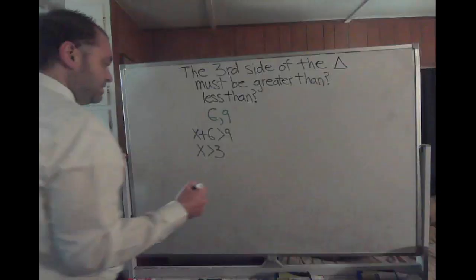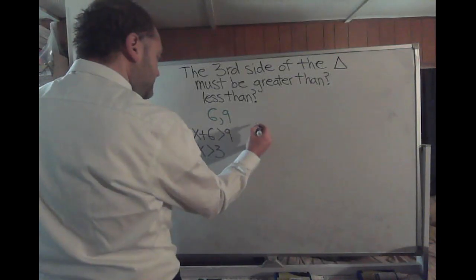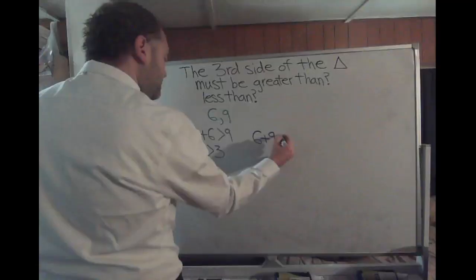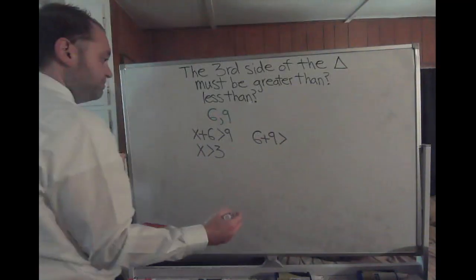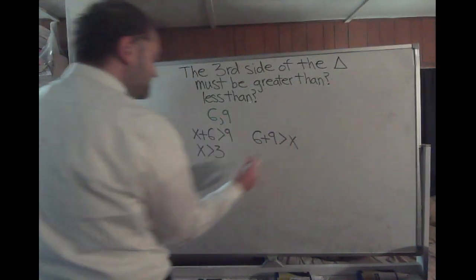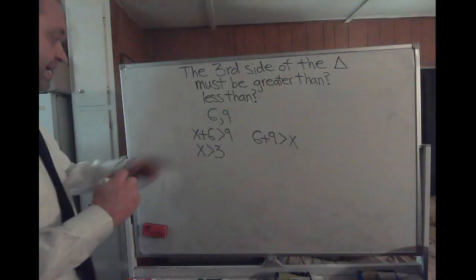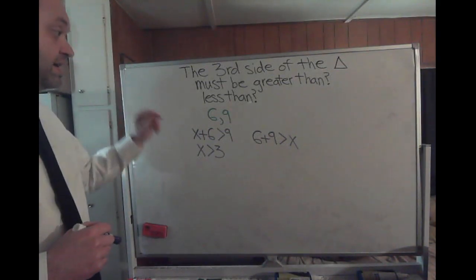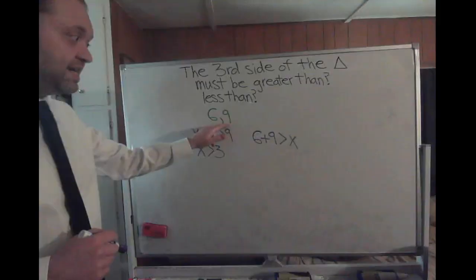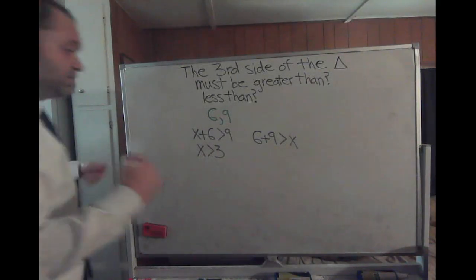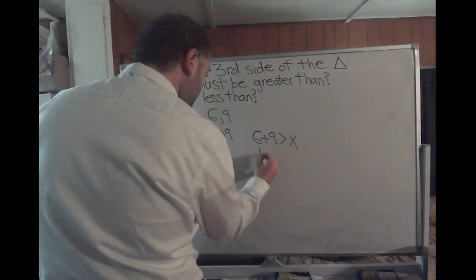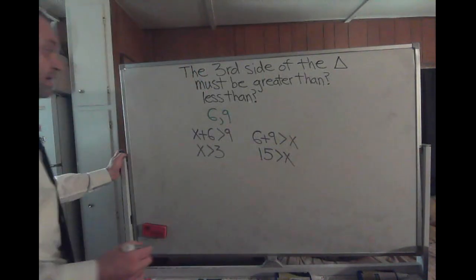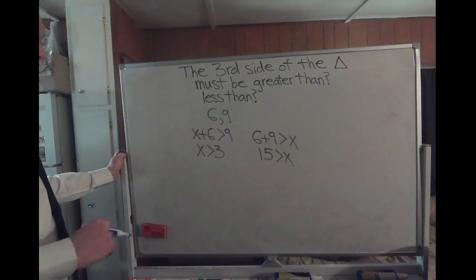Next thing, take 6 plus 9, that would have to be greater than x. So first you're taking x plus your first side, setting it greater than the second side. Then you take your 2 sides together, set it greater than x, which means then 15 would have to be greater than x.